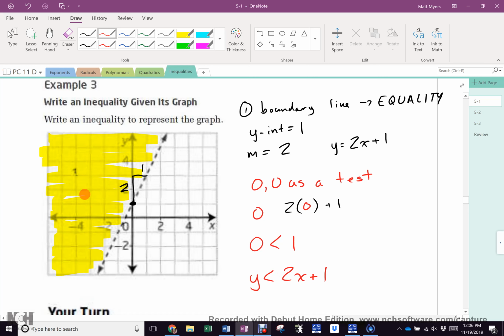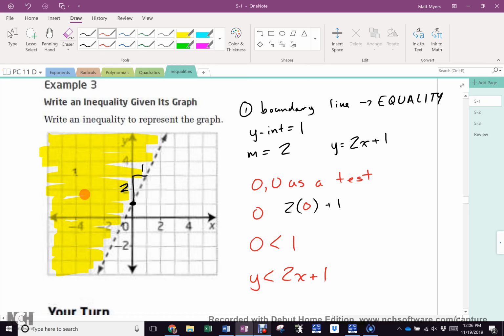Negative 1 is x, 1 is y, and then a blank because we're not sure. 2 times negative 1 plus 1, right? What's 2 times negative 1? Negative 2 plus 1 is negative 1. Now how does the arrow point? This way, right? Which would give us y is greater than 2x plus 1.